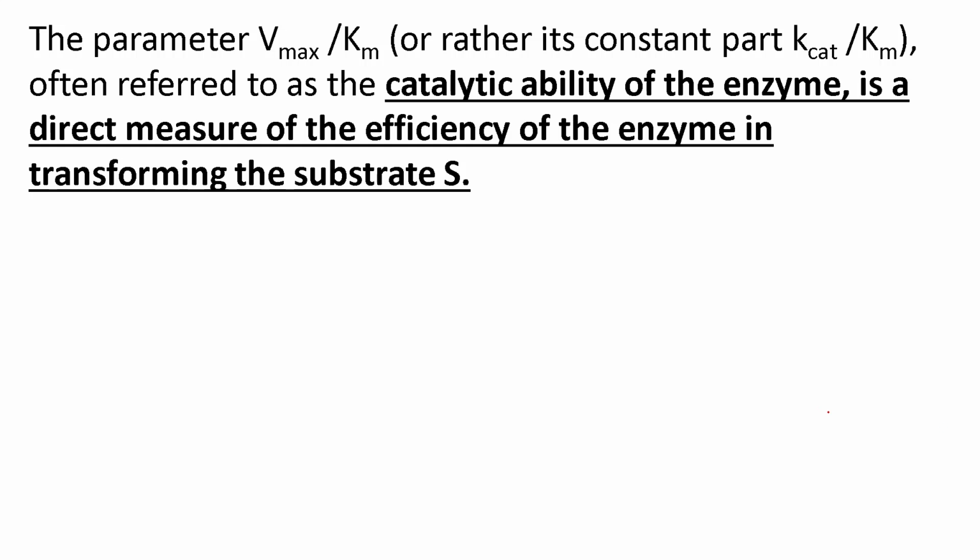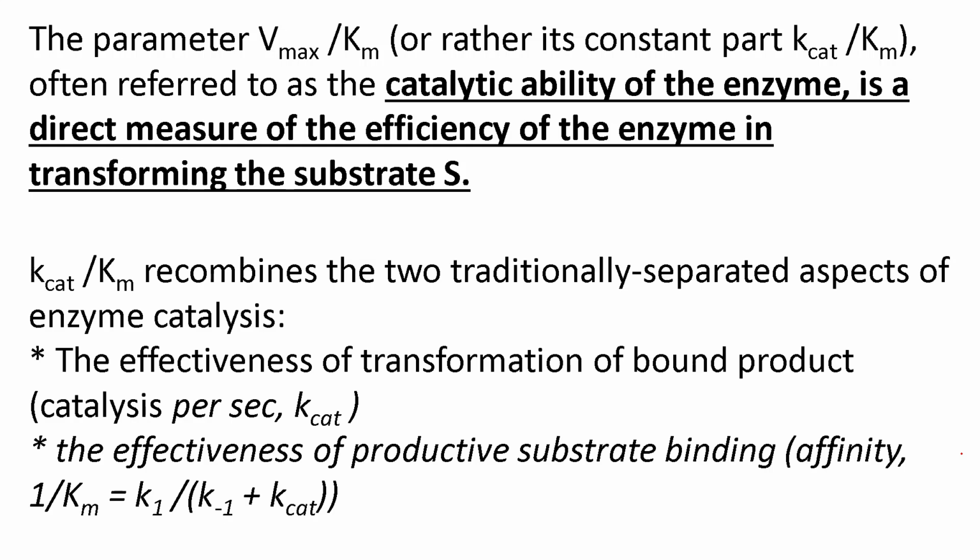Now, the kinetic parameter Vmax over Km, or rather its constant part, which is Kcat over Km, often referred to as the catalytic efficiency of the enzyme, is a direct measure of the efficiency of the enzyme in transforming the substrate.